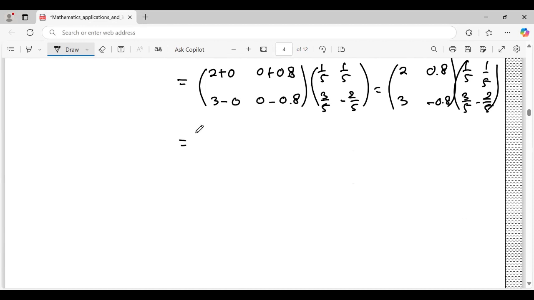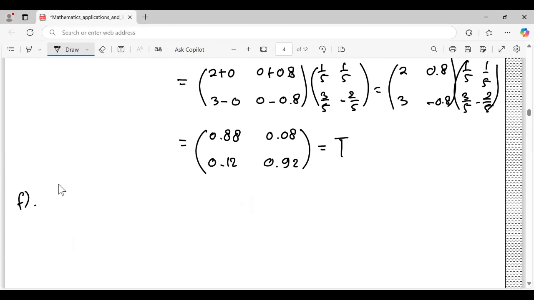And then if we multiply 2 times 1/5 plus 0.8 times 3/5, I have calculated that, it's 0.88, 0.12, 0.08, and 0.92. So if you compare with matrix T, this is actually matrix T.